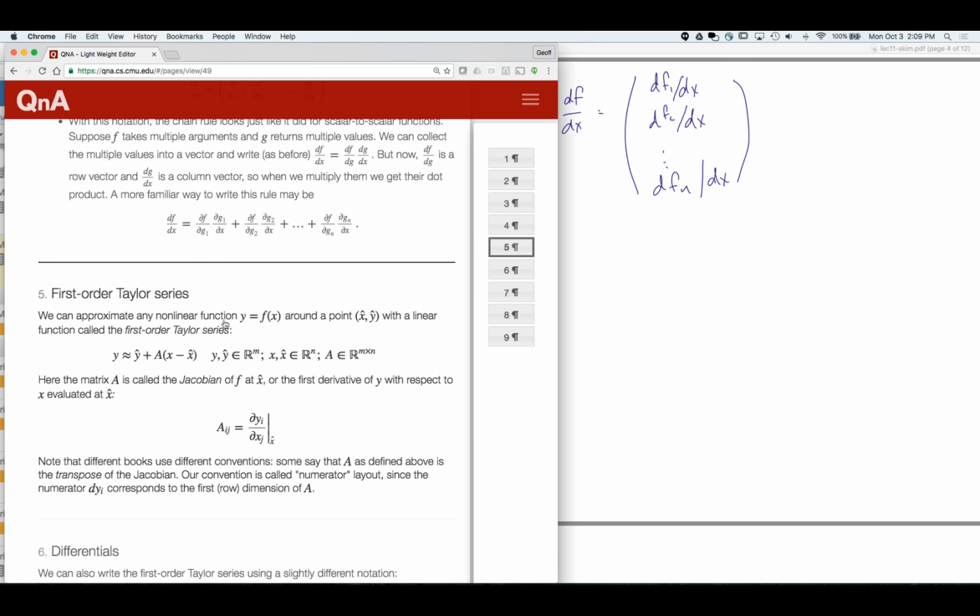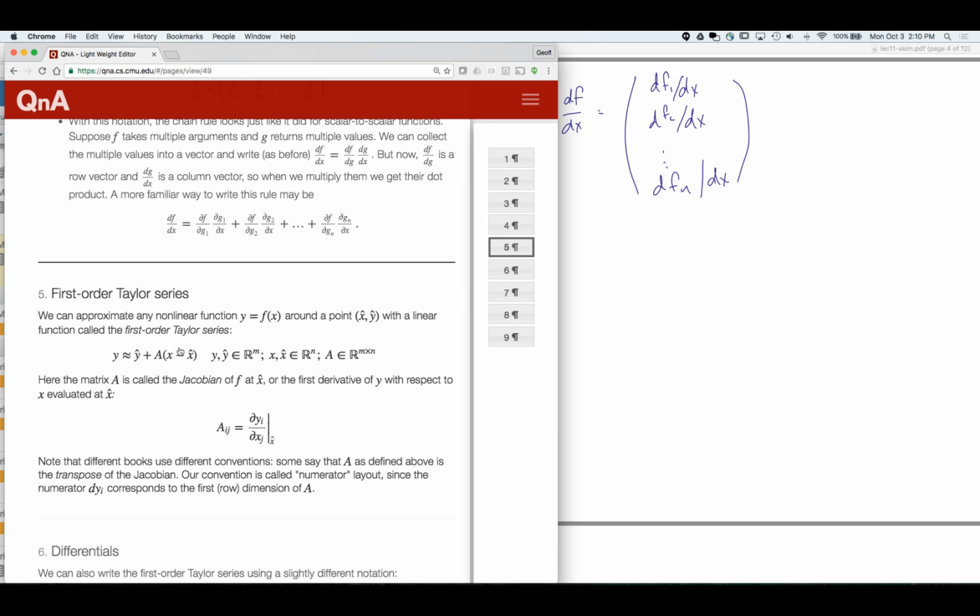And the first order Taylor series looks like this: y is approximately equal to y hat plus A times x minus x hat. There's a matrix A, which is called the Jacobian, or first derivative of f at x hat. The ij element of the matrix A is the partial of the i component of y with respect to the j component of x, and we're evaluating the whole thing at x hat.